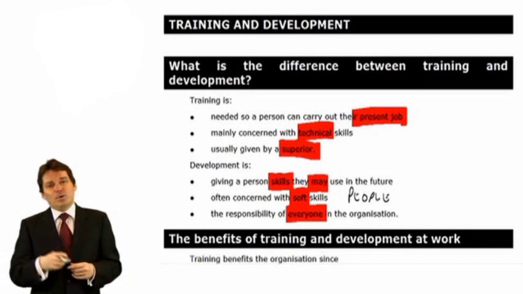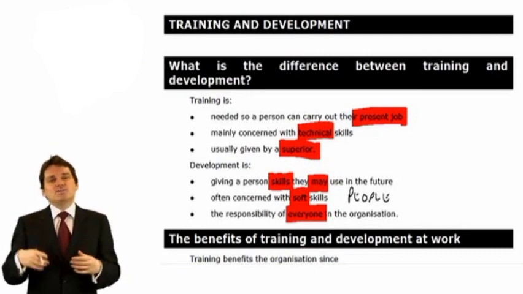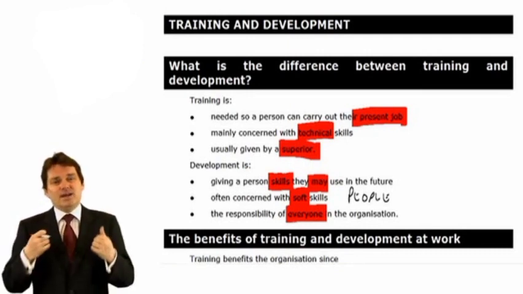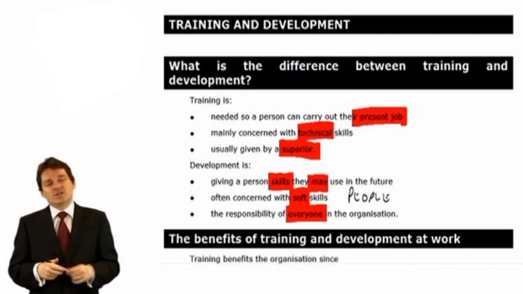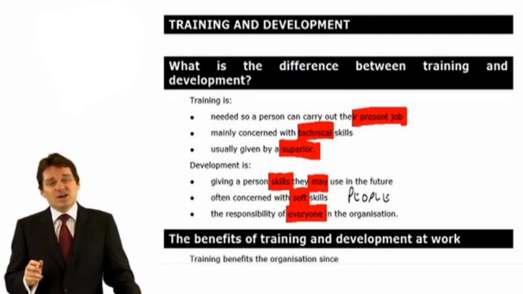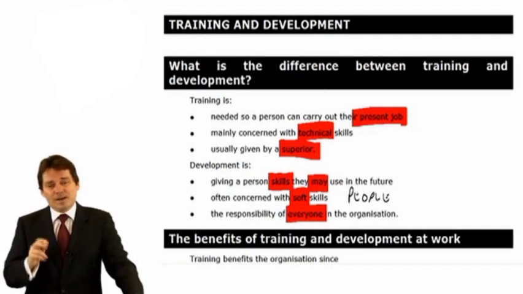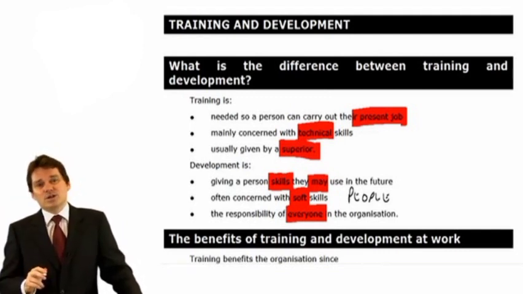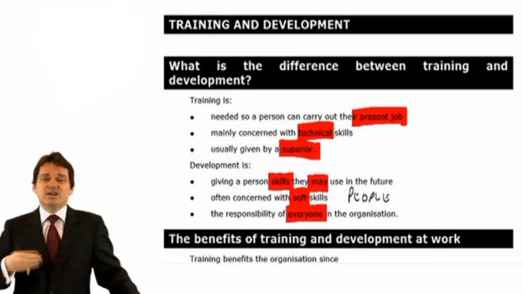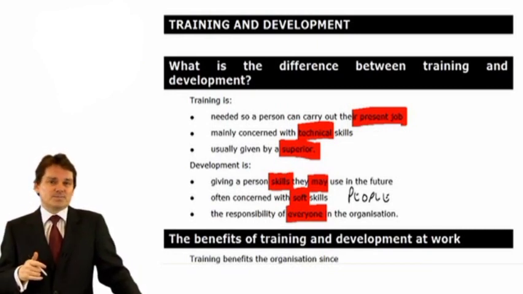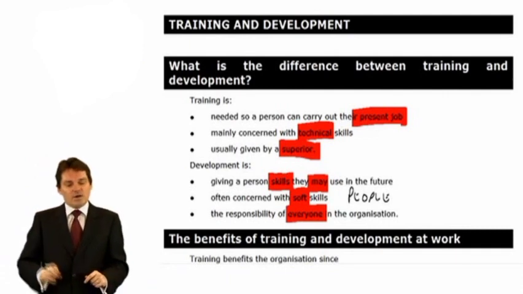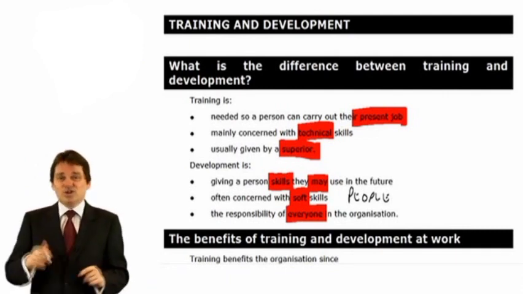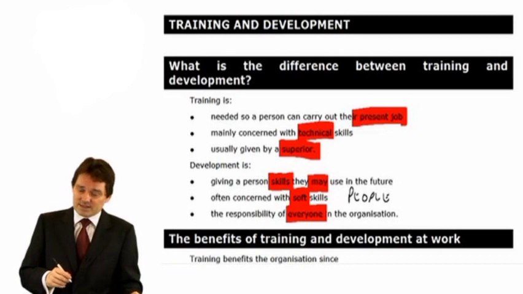If my boss sits down with me and spends an hour training me how to carry out a particular task, there is still a cost, because that is 1 hour of my manager's time that they cannot spend doing something else. So there is a cost even if you're doing this as part of the workplace. So training and development, very, very important. So we have to make sure we spend the money wisely.